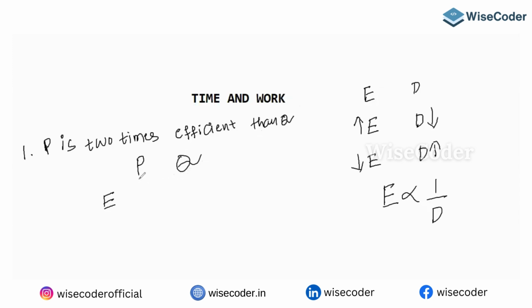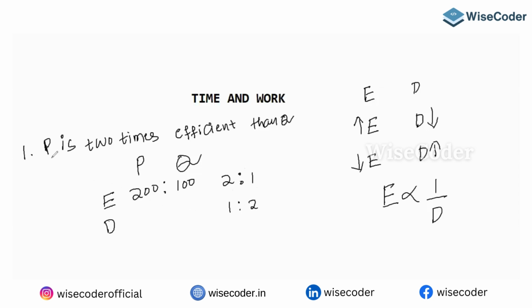If P is taking some time, who is efficient here? P is efficient. When an efficient person will take what? Less number of days, no? Let's say if this fellow is 100% efficient, this fellow is 200% efficient. So I can say efficiency will be 2 is to 1. Guys, efficiency ratio is 2 is to 1. Then what is the days ratio? The days ratio obviously what? 1 is to 2. 1 is to 2.